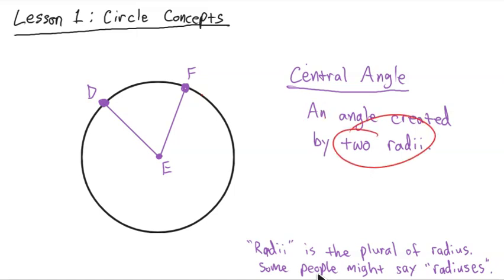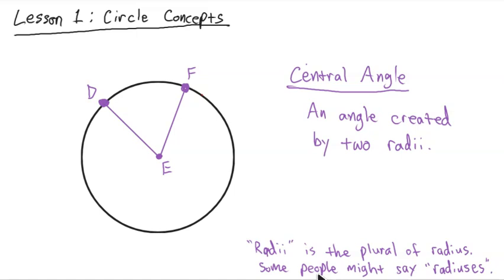So if you have 2, and this word radii, I know that's weird, it's a Latin thing. Radii is the plural of the word radius. So some people might just say radiuses. Okay, so look, we have 1 radius, 2 radiuses, but we don't say radiuses. We say radii. So we have 1 radius, and then another radius means that we have 2 radii, okay?